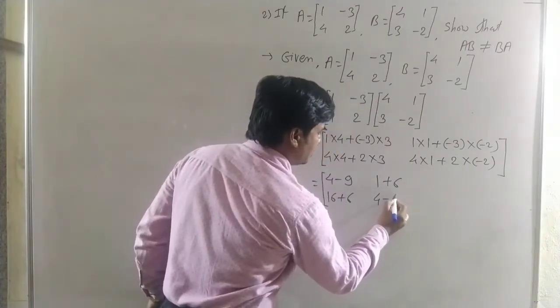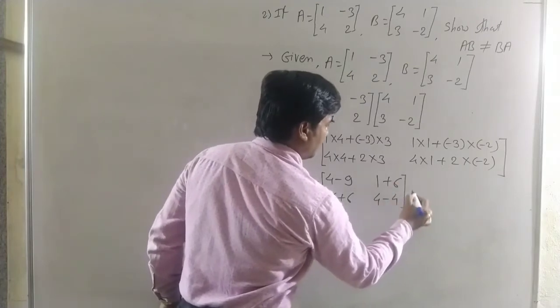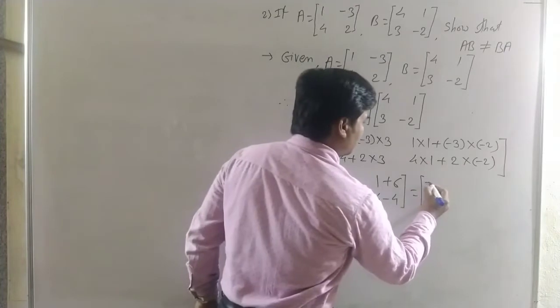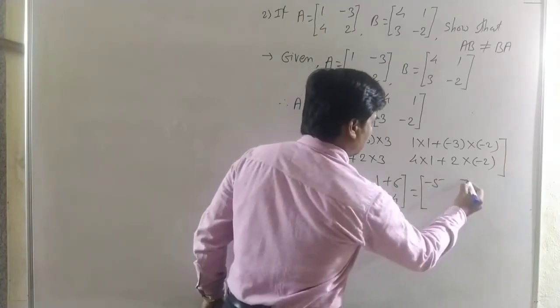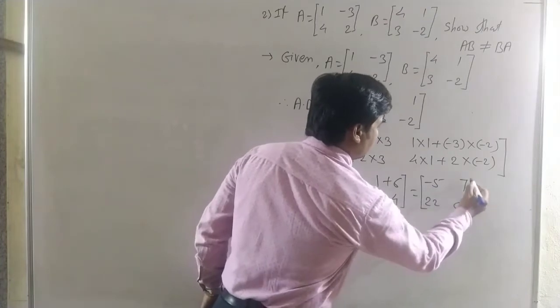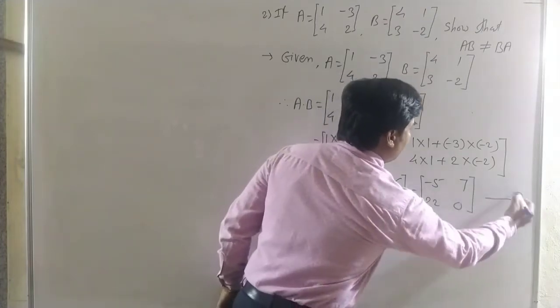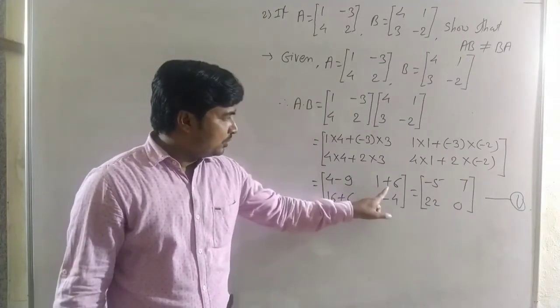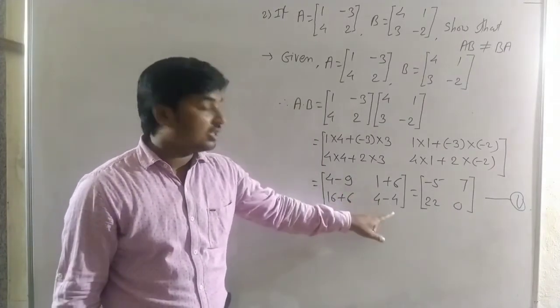So we get minus 5, 7, 22, 0. This is equation number 1. We can find A into B: minus 5, 7, 22 and 0.